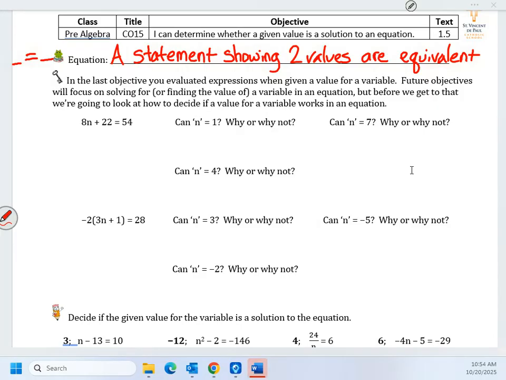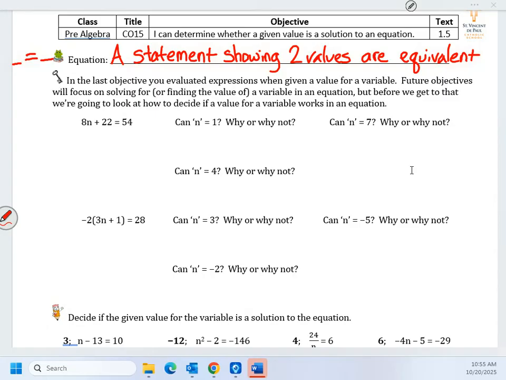Now, in the math that we have done so far in our lives, we usually just have an answer on the other side of the equal sign, one number. As we get into more complicated math, we're going to have stuff on one side of the equal sign, and we're going to have more stuff on the other side, and we need to show that they are equal, they are equivalent, they balance out.